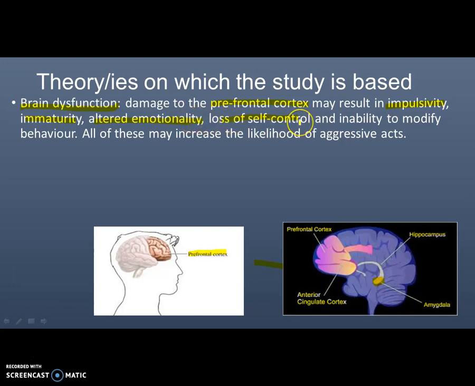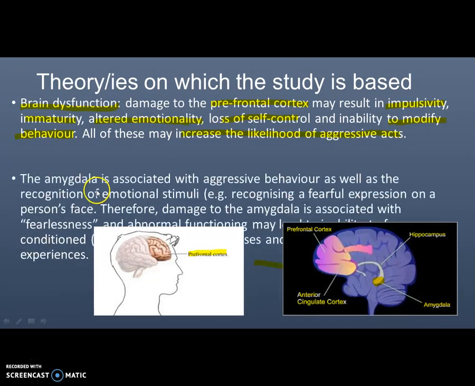Loss of self-control is, you've got these impulses, but you can't stop them. Inability to modify behaviour. If you link to the Casey study, where we should have higher levels of control in our frontal gyrus, then those are the kind of things we're talking about here. All of these can increase the likelihood of aggressive acts.